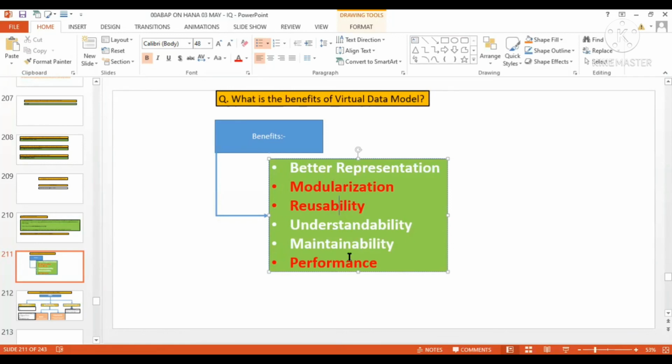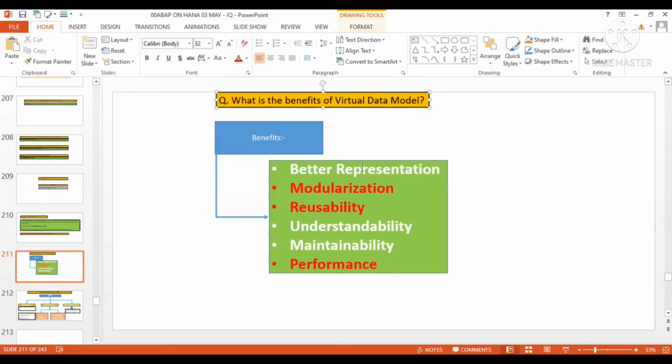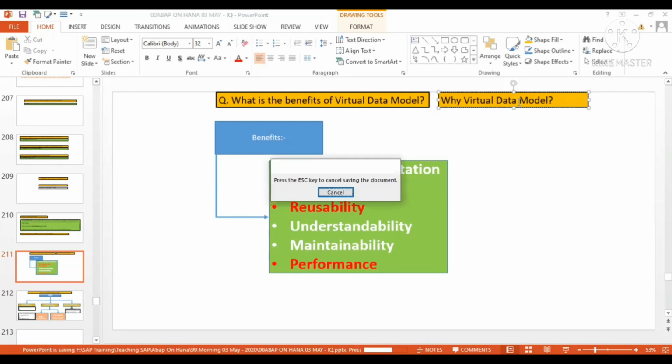Okay, these three things at least we should be able to tell to the interviewer if their question is why virtual data model. Why virtual data model, one of the hot concept in the current market. Very hot concept in the current market. Everyone using the VDM. As a developer, we are also supposed to use the VDM concept.